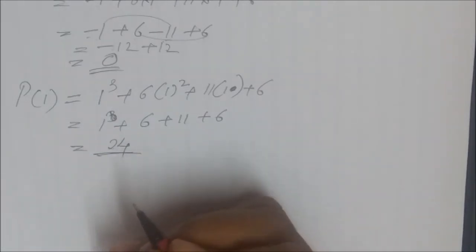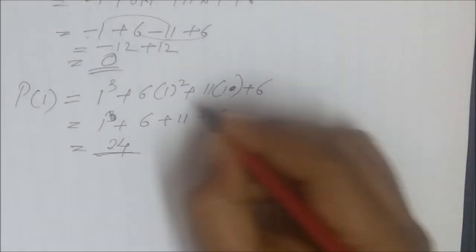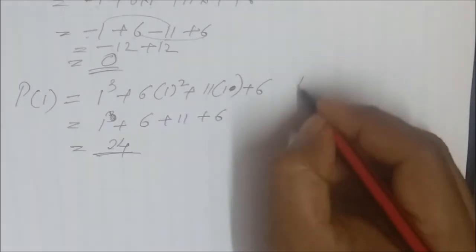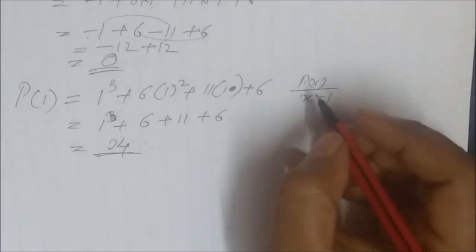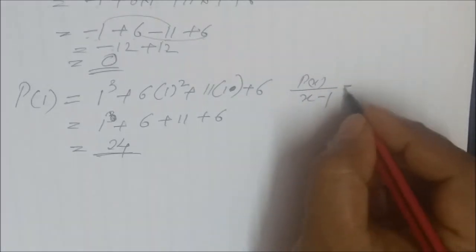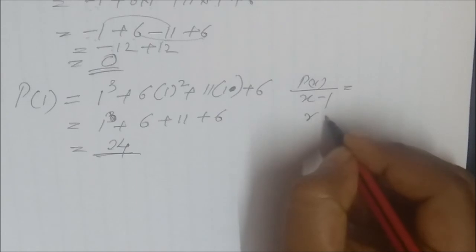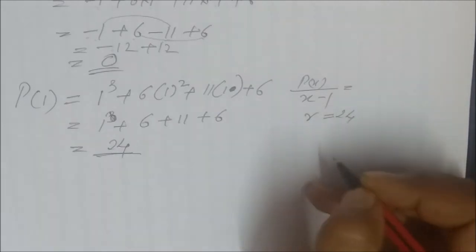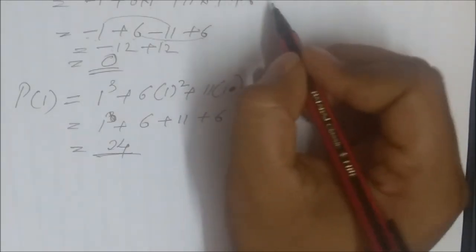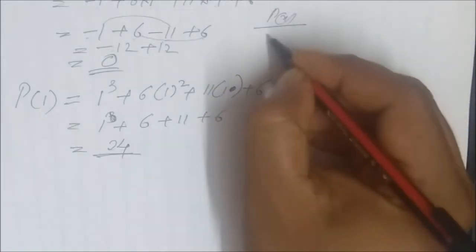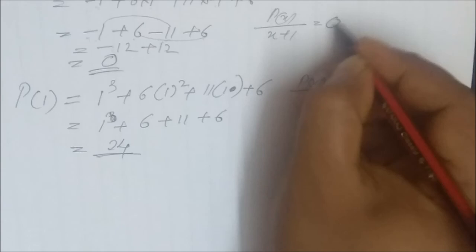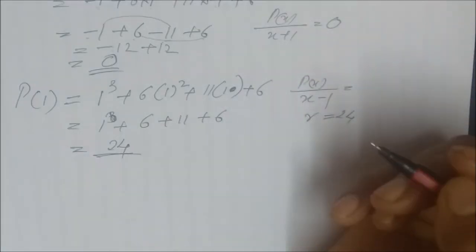So what was the remainder when we divided this polynomial p of x with x minus 1? Do you remember? The remainder is 24. And in the previous case, when we divided the polynomial with x plus 1, we got the remainder 0. Do you remember that?